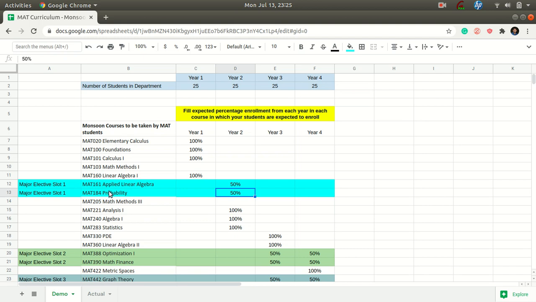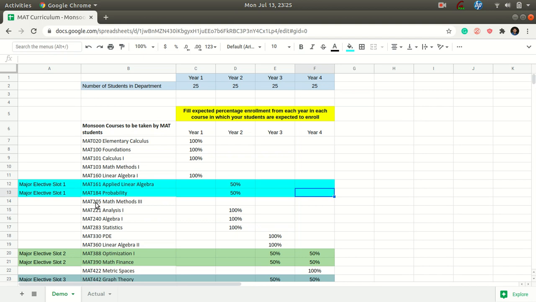Okay, these are major electives for second year maths. And I'm leaving a blank in this column and this column and this column. That means I'm telling the system that no first year, third year, or fourth year students are expected to be enrolled in MAT 161 and MAT 184. Okay.